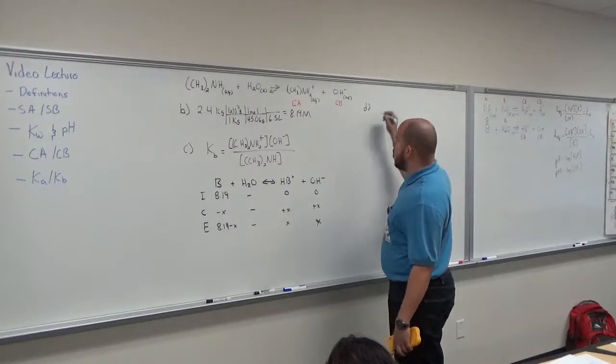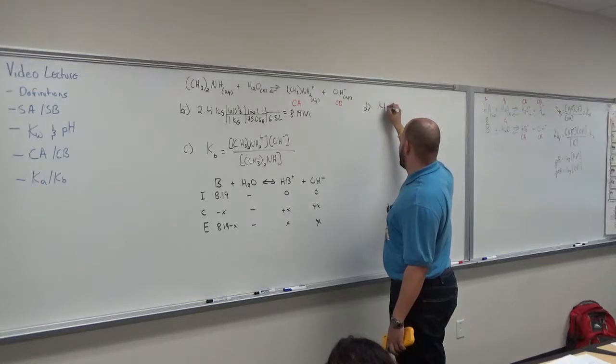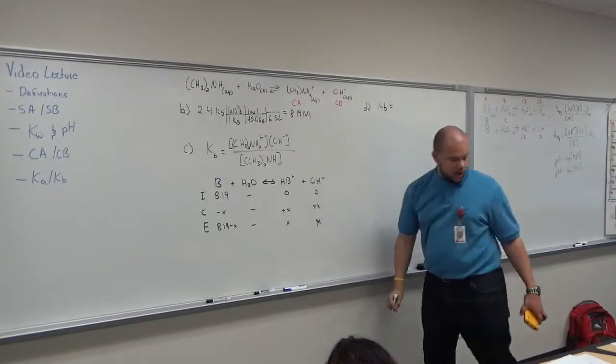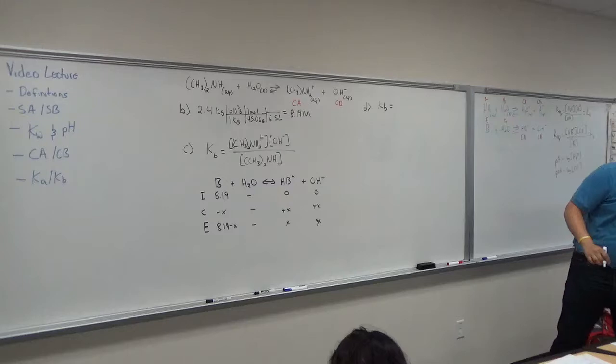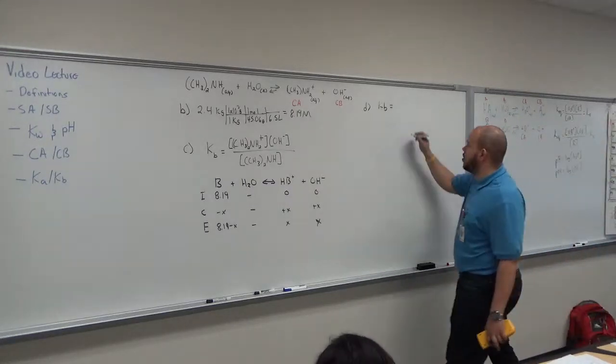So to do so, we need to set up and show that Kb is equal to the value on the reference material, which in this case says 5.1 times 10 to the negative 4.